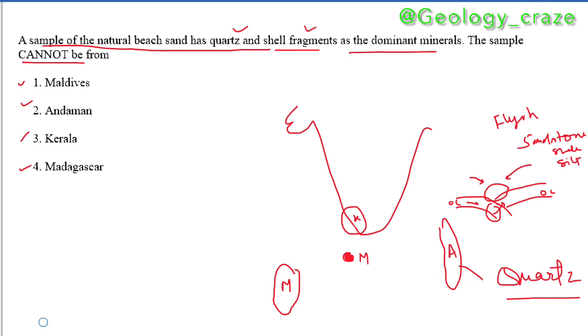Now if we reach Kerala, the whole terrain is granitic terrain. We'll get quartz here also at the beaches. And if we talk about Madagascar, during continental drifting this part separated from this part, and the same setup of rocks is present at Madagascar.